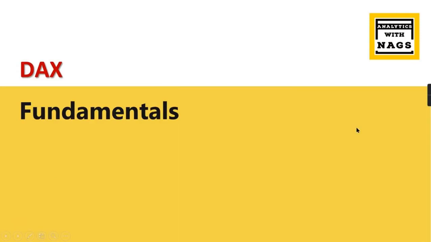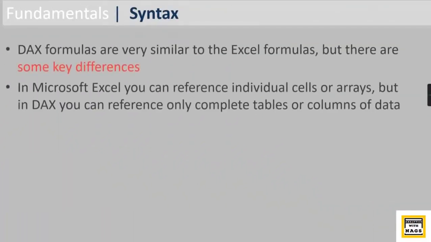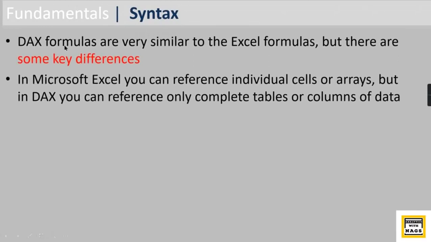Let us start discussing the fundamentals or basics of DAX. We'll start with syntax, and before that, I want to clarify the key difference between Excel and DAX, because those who are from an Excel background, or who have heard online, say DAX formulas are similar to Excel formulas. But there are some key differences. In Microsoft Excel, you can reference individual cells or arrays, like E5 plus F6.